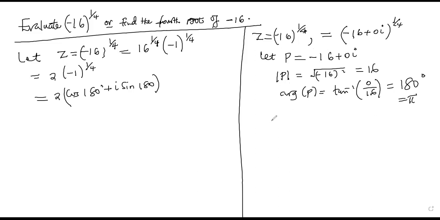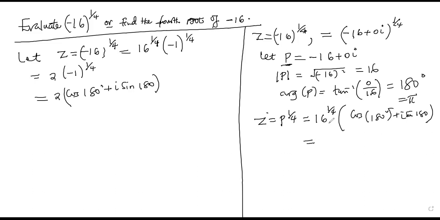When we are writing, we just say that z is equal to P to the power of a quarter, because I relate this one to be my P. So it is 16 to the power of a quarter, that is r to the power of a quarter, into cos 180 plus i sine 180.